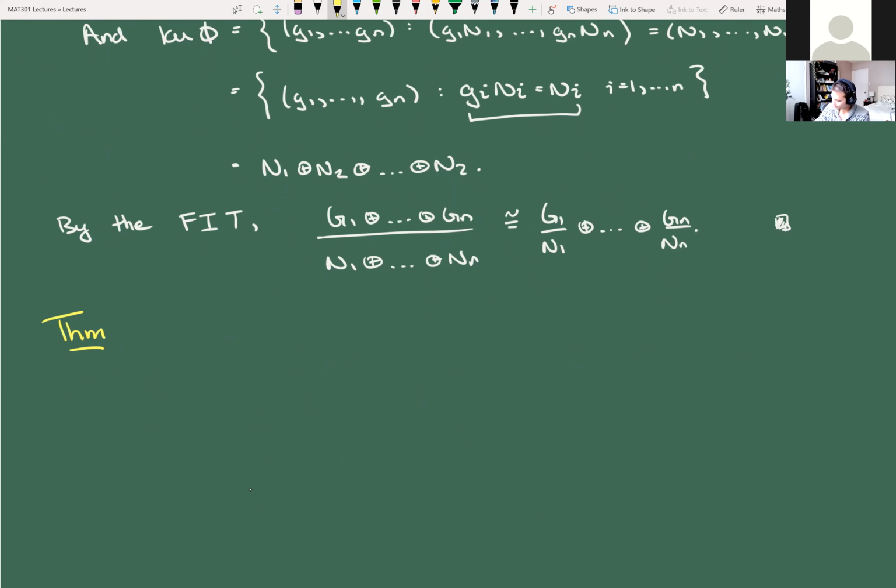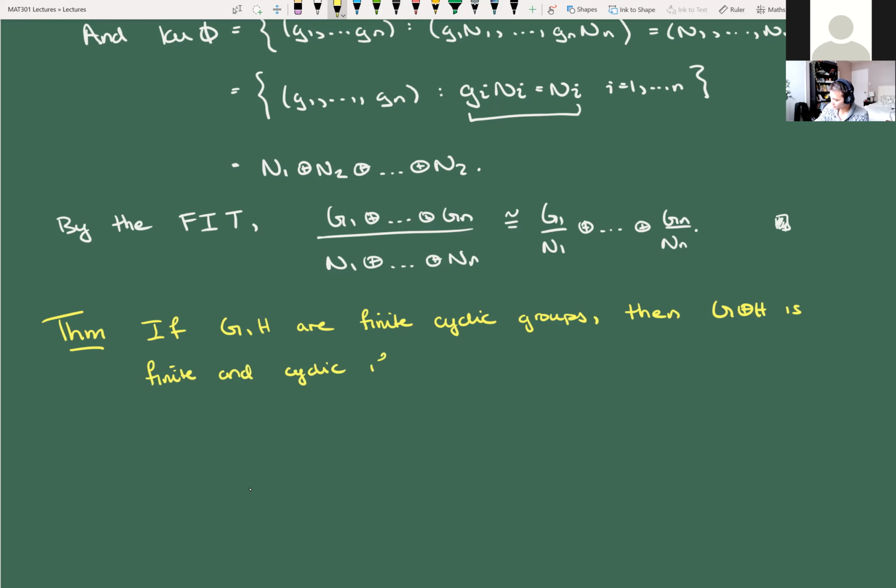It was this one: if G and H are finite cyclic groups, then G plus H is finite and cyclic. I mean, the fact that it's finite is trivial. The interesting thing here is cyclic. If and only if their orders are coprime.